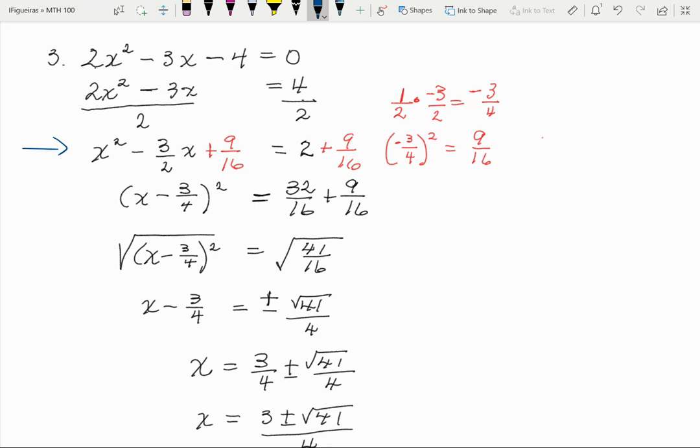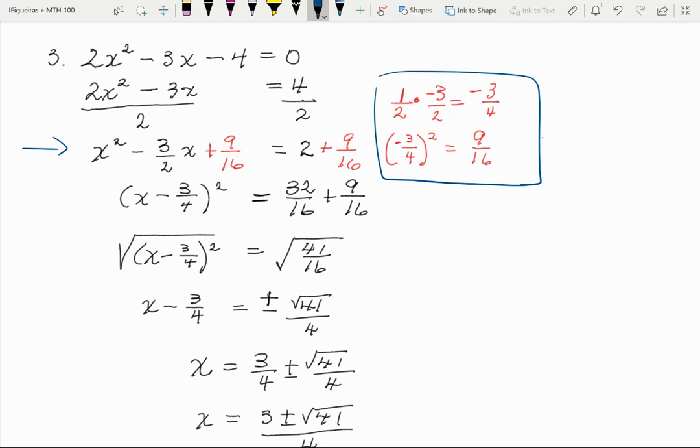But now I have to complete the square. To complete the square, I take half of negative 3 halves. So that work is right in here. And half of negative 3 halves is negative 3/4. Then I square it. And so negative 3/4 squared is 9 sixteenths. 9 sixteenths gets added to both sides of the equation.